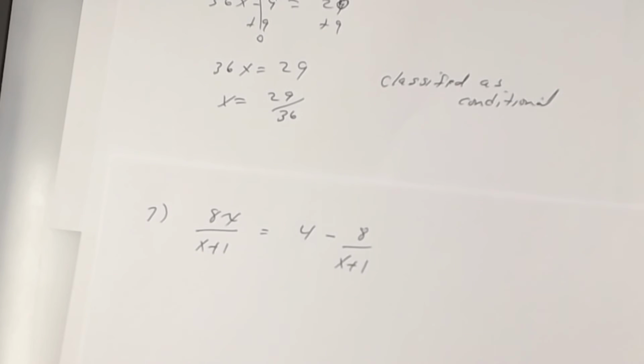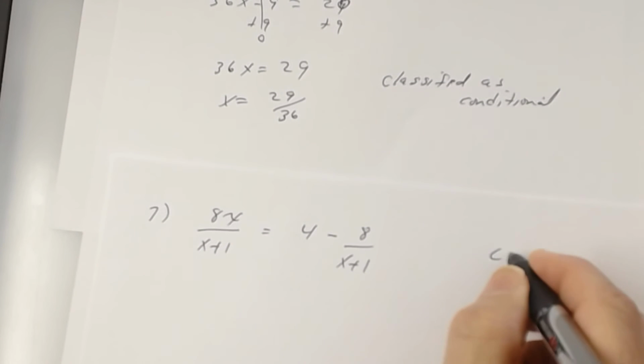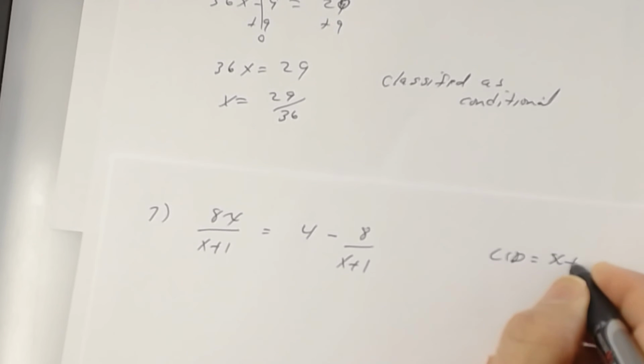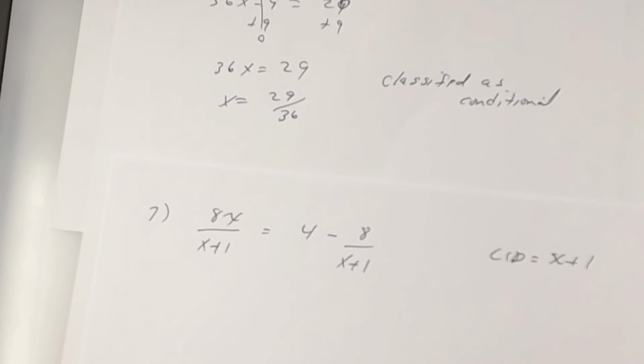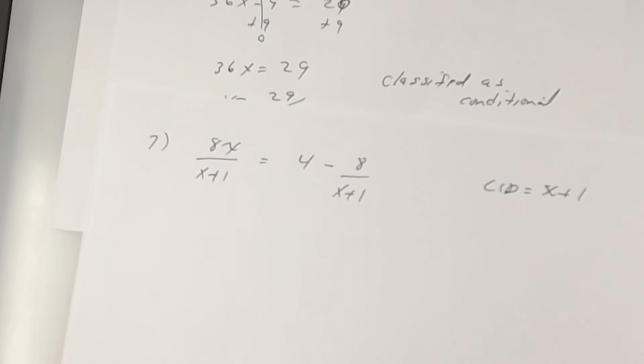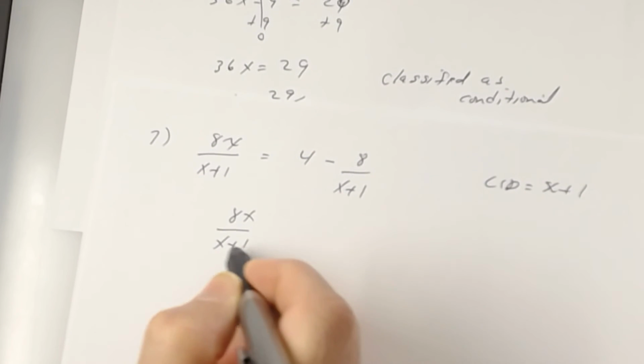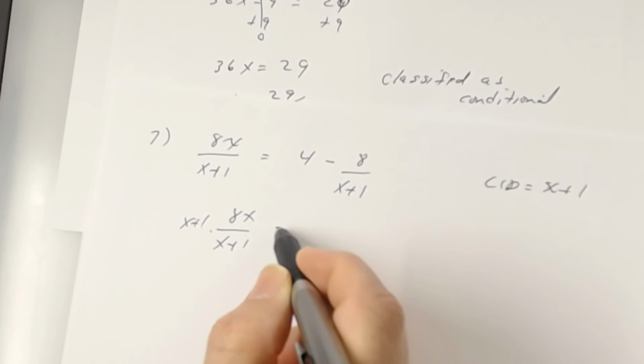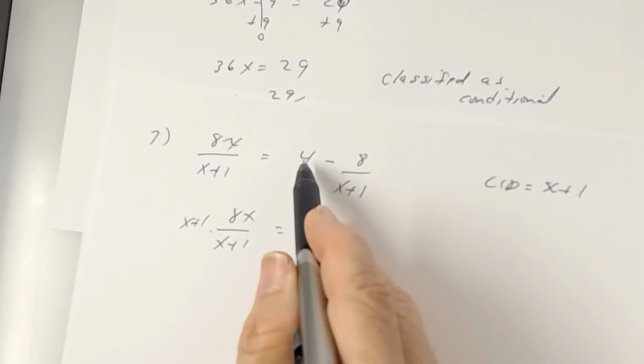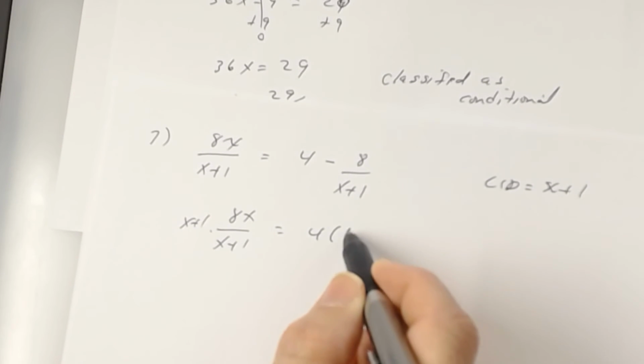All right, what's the LCD? x plus 1. So you multiply all three fractions by x plus 1. The first fraction times x plus 1. The 4 times what? x plus 1, in parentheses.